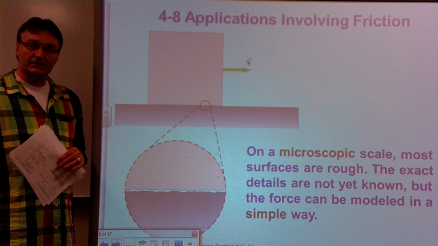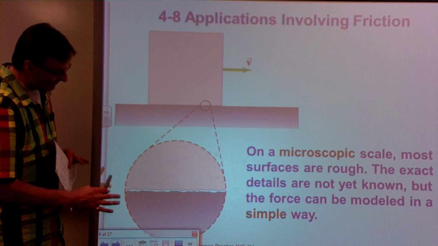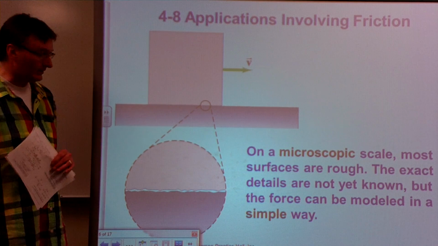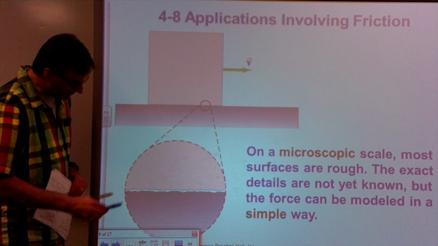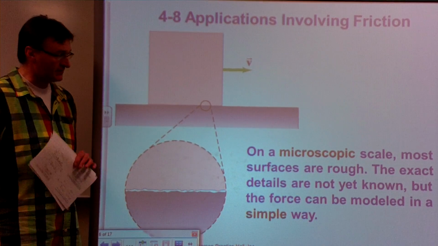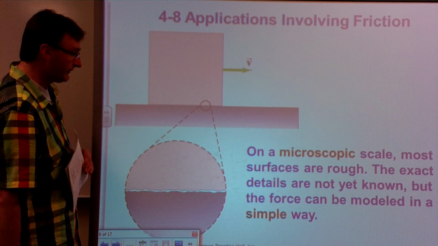When you get right down to the level of the molecules, they have been created with angles between them. And so you will never get a perfectly smooth surface between two objects, so there will always be friction.